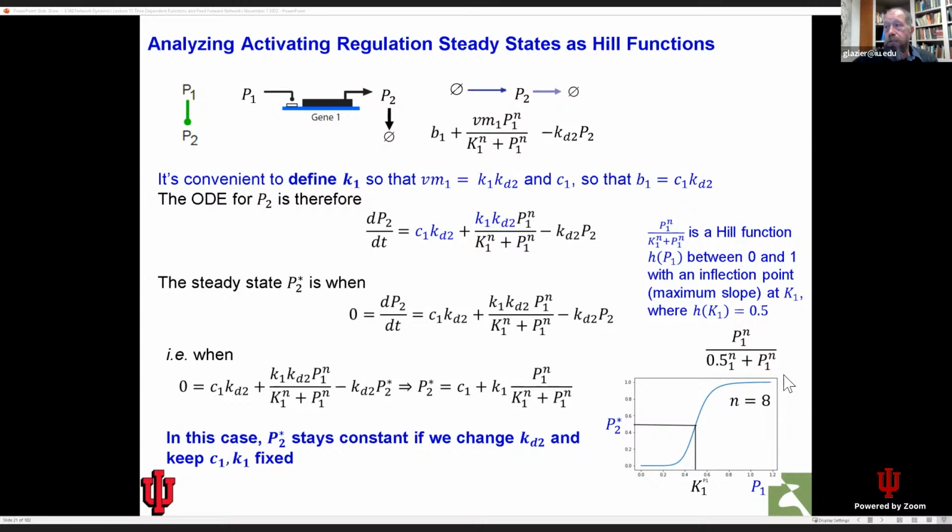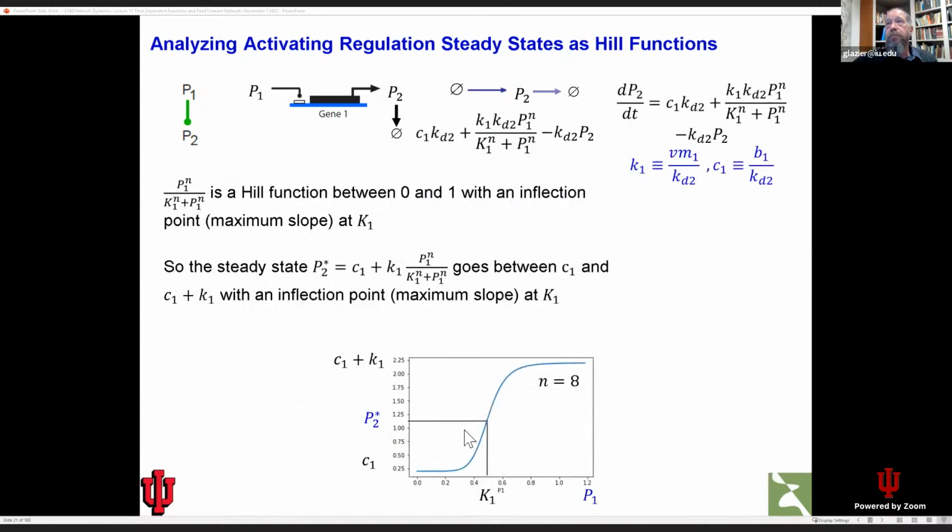And this is a plot of that. Here I've set K1 equal to 1/2. And so this is the basic functional form that I'll see again and again. C1 is that baseline rate of production.